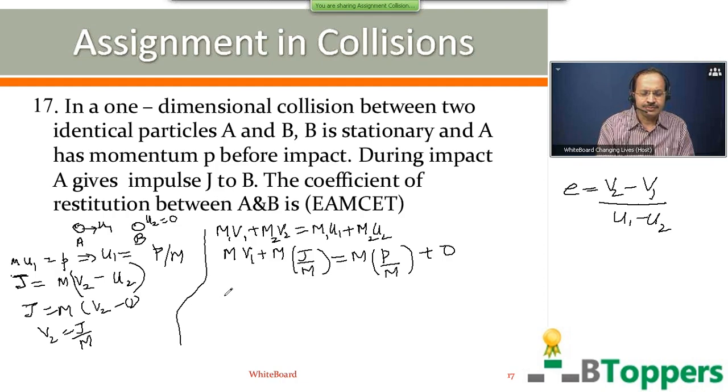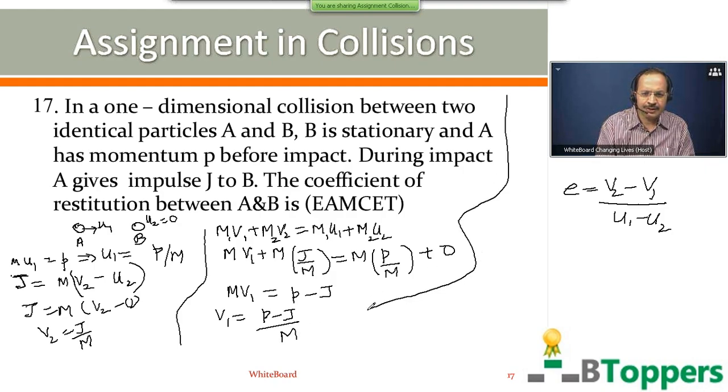So you can solve for V1 here: m V1 equal to P minus J, or V1 is P minus J by m.